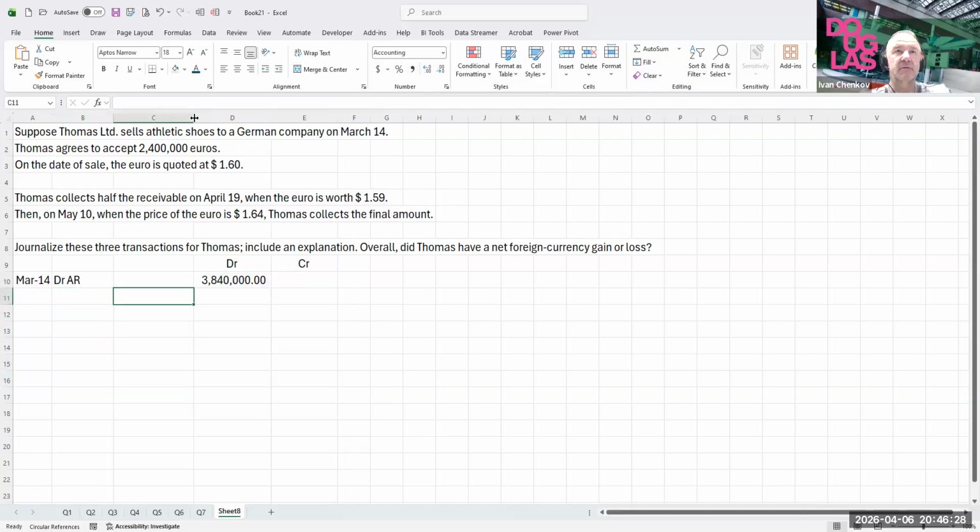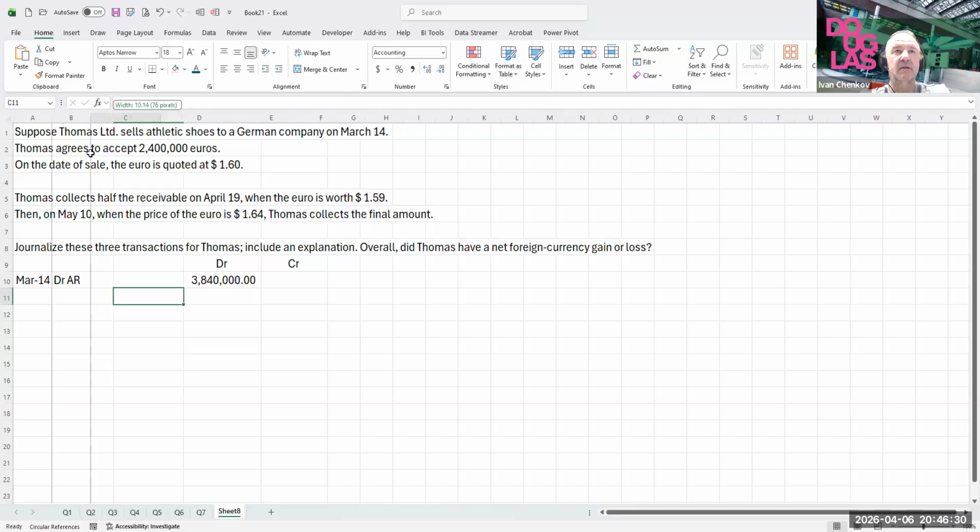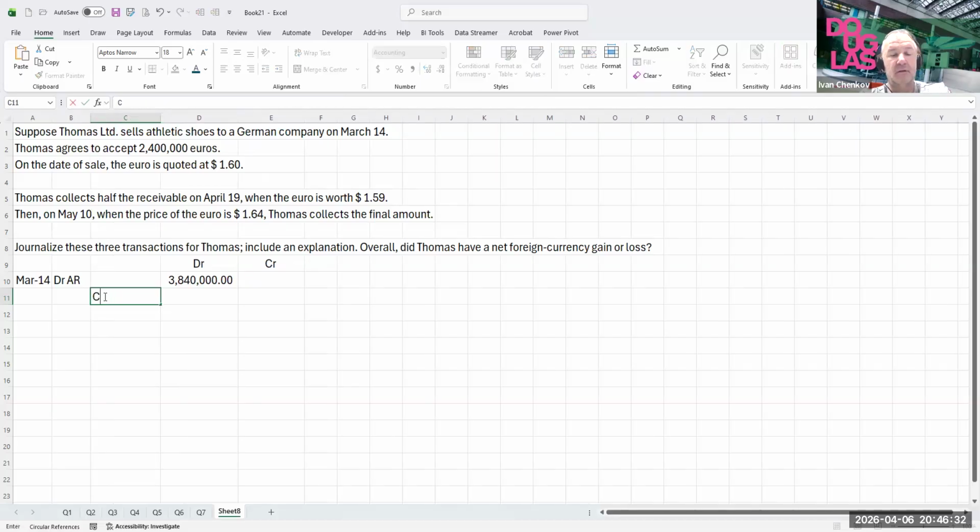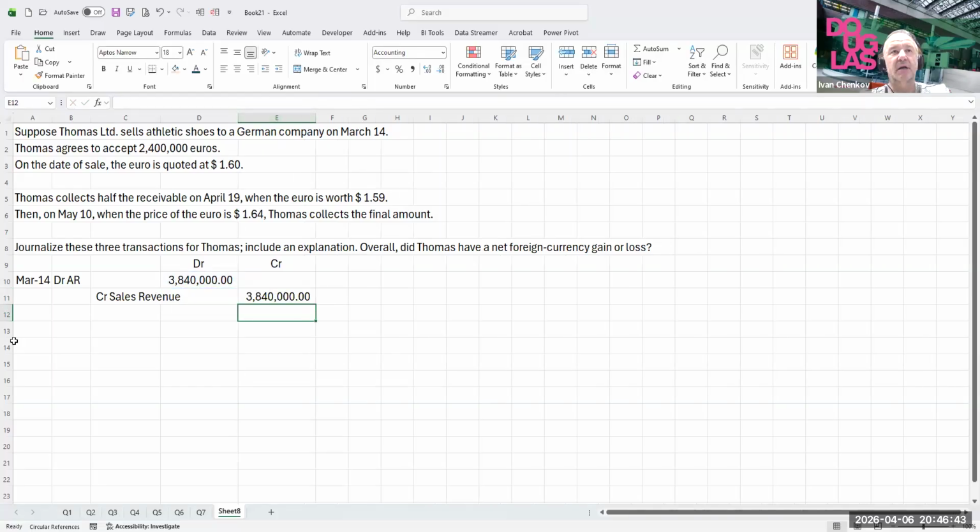On the day of the sale, obviously the credit is going to go to sales revenue, and that will be exactly the same amount. Now the first payment date comes, which in this case is April 19th. On April 19th, he is getting only 1.2 million euro. So debit cash.